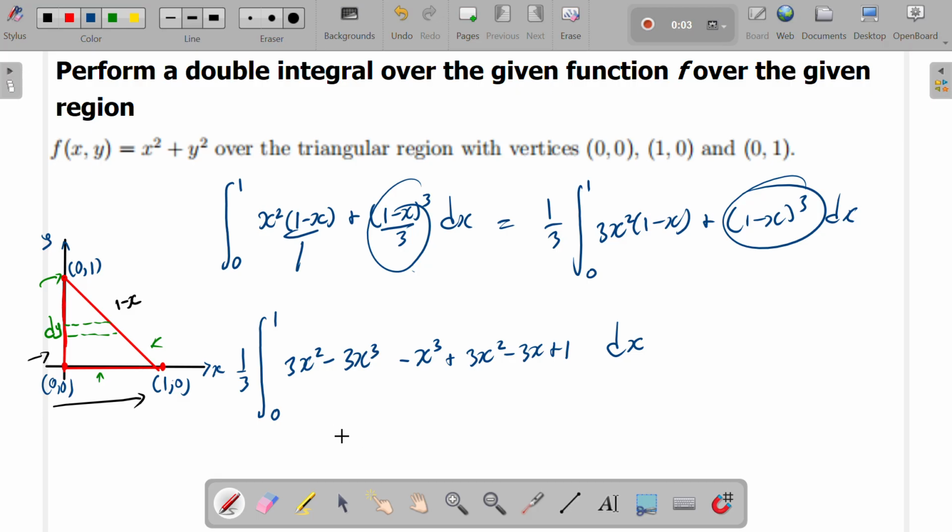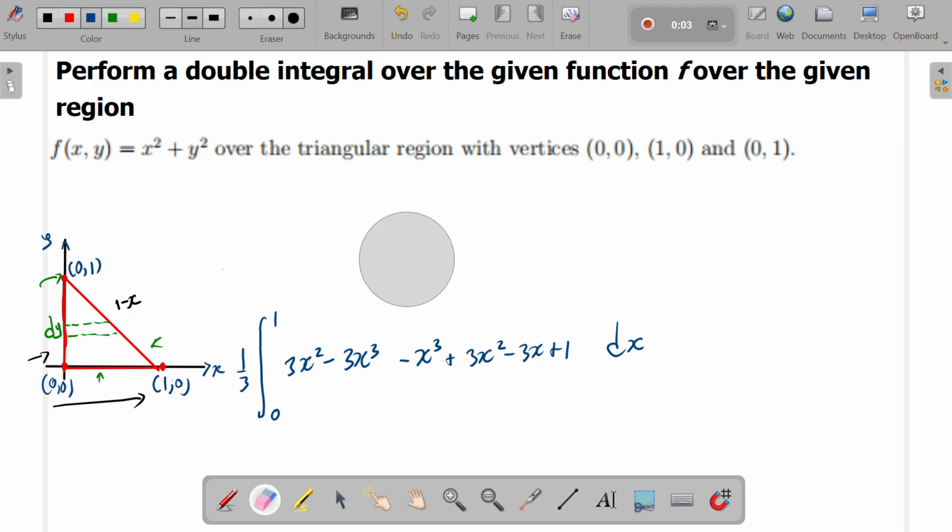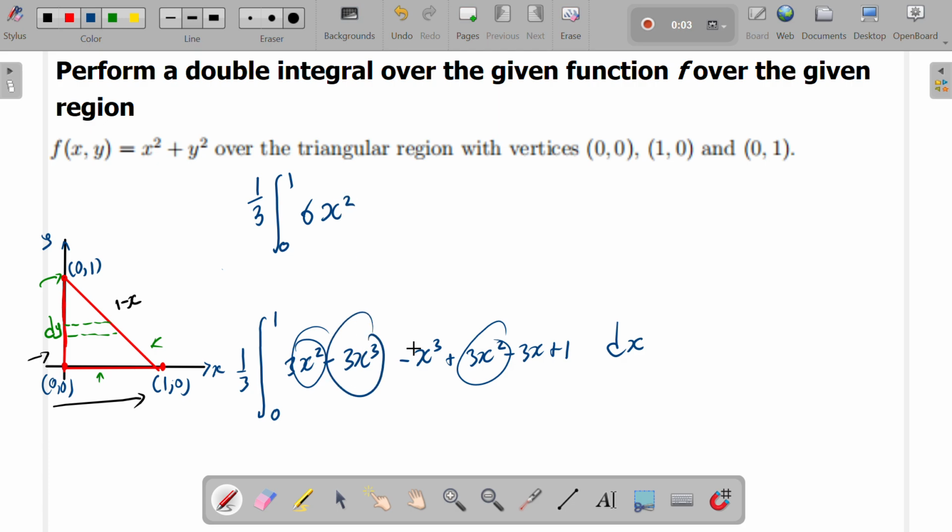So let's try to simplify this a little. Here you have 1 over 3, and this is from 0 to 1. Observe that this one and this one, you can make it 6x to the power 2. Then this one and this one, that would be minus 4x to the power 3. Then you have minus 3x plus 1 dx.